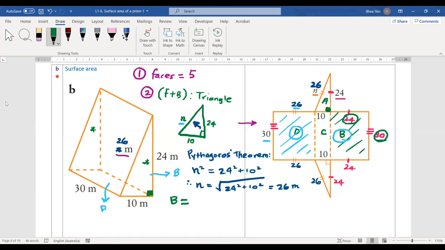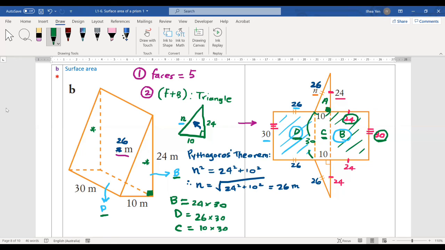If I go to D, which is this one, it'll be 26 times 30. So they are not the same, are they? And then if I go to my C, it is 10 times 30.